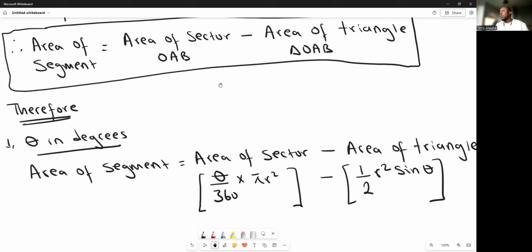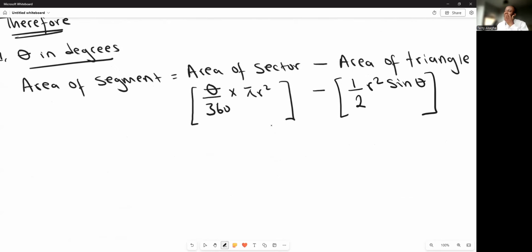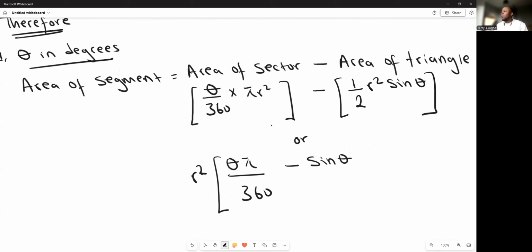Now, some of you might want to simplify this. If you want to simplify, you can take r squared out. So you have r squared, and then you have theta pi over 360. Then the common factor there is also r squared, so it'll be minus sine theta over 2.